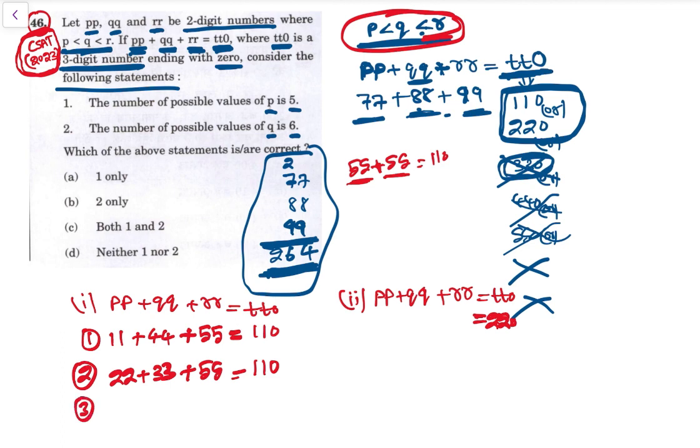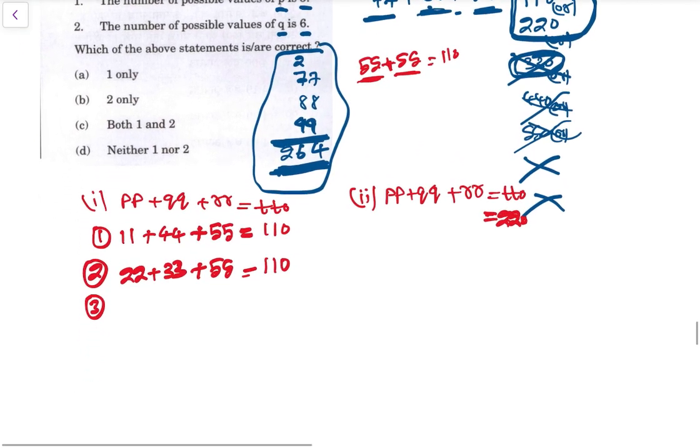Then third possibility is, 55 का और 55 का क्या possibility है, that is then 44, then 22 and 33, ये possible नहीं है.